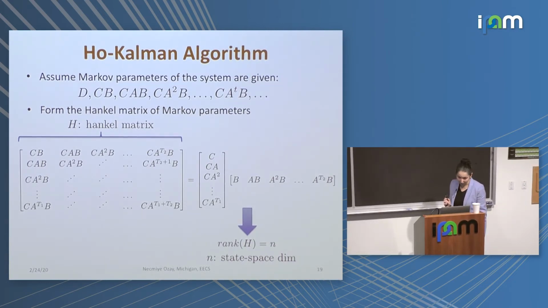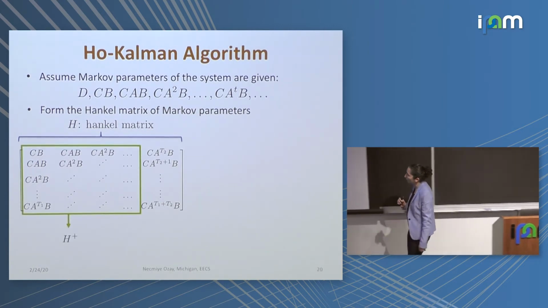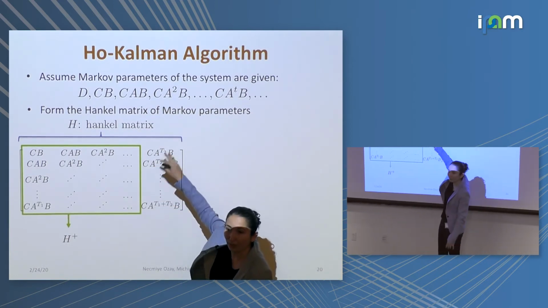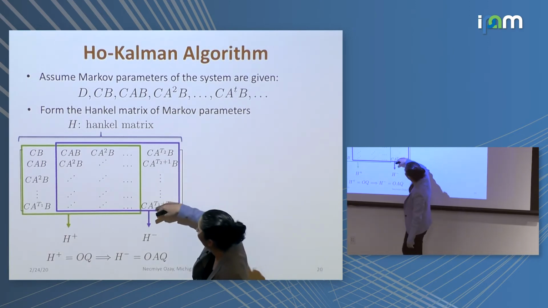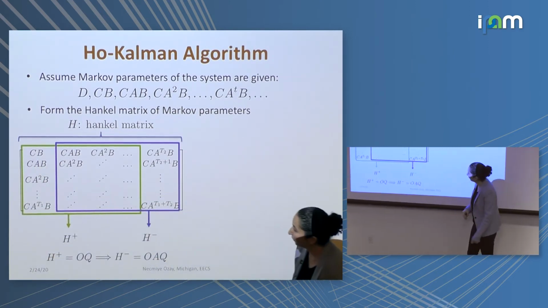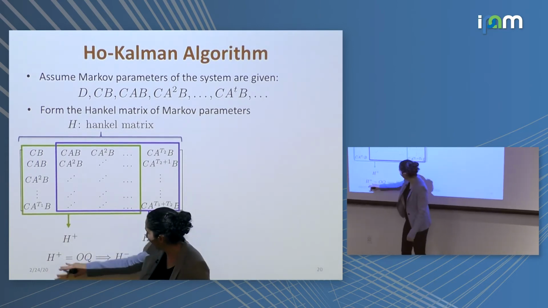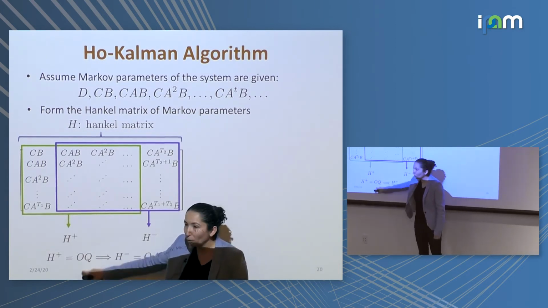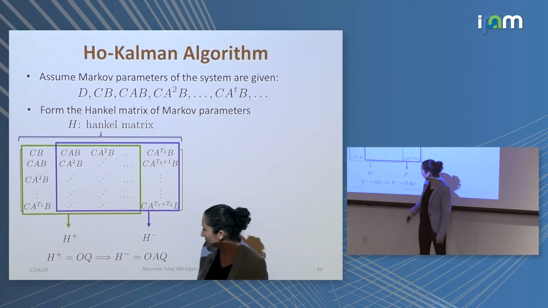Then what you do is you define this H plus by ignoring the last block column. You define the H minus by ignoring the first block column. Then one thing you can observe is that H plus is some observability matrix times some extended controllability matrix.